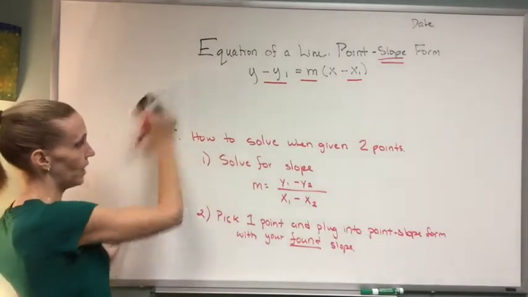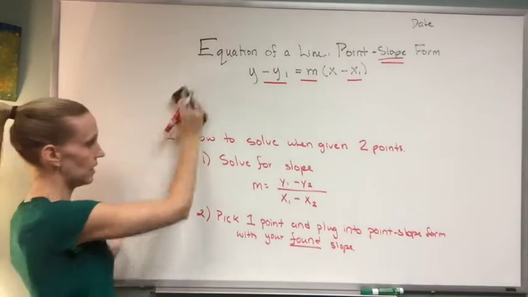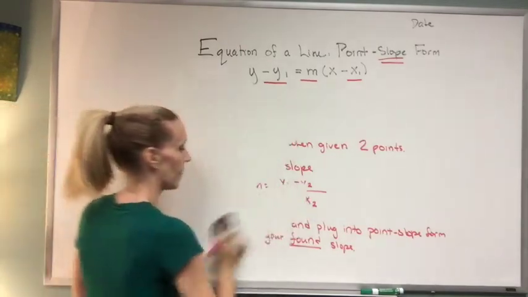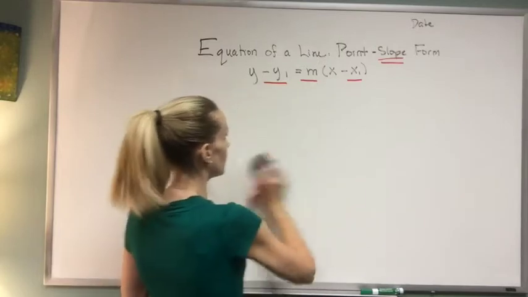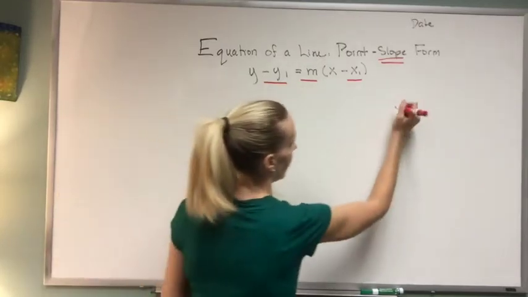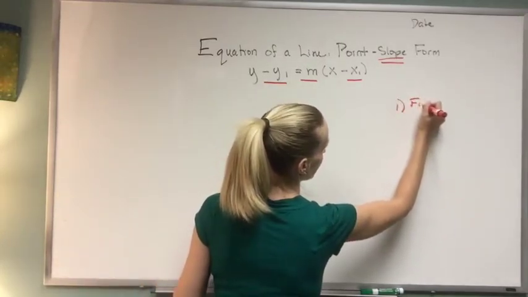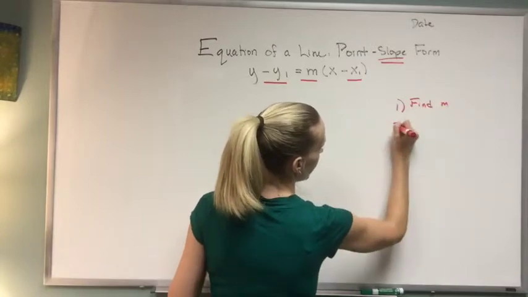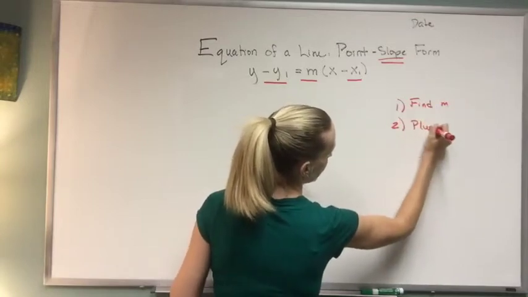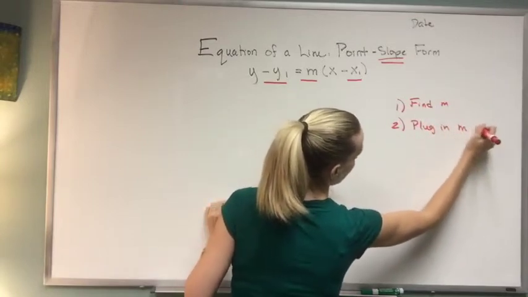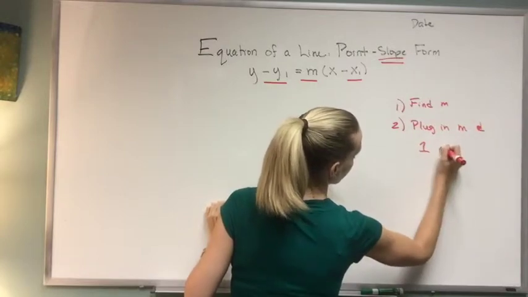So let's do our examples. Hit pause if necessary. So I'm going to put my steps off to the side. So we're always going to solve for a slope, and then we're going to plug in your slope in one point.